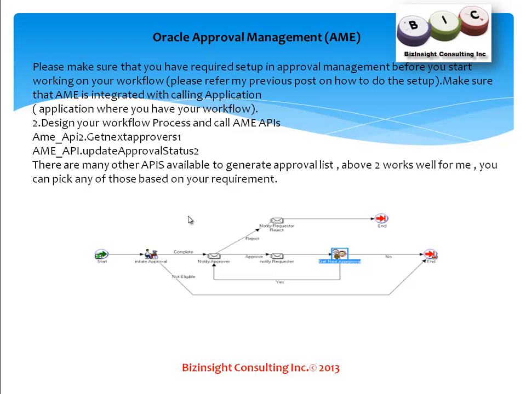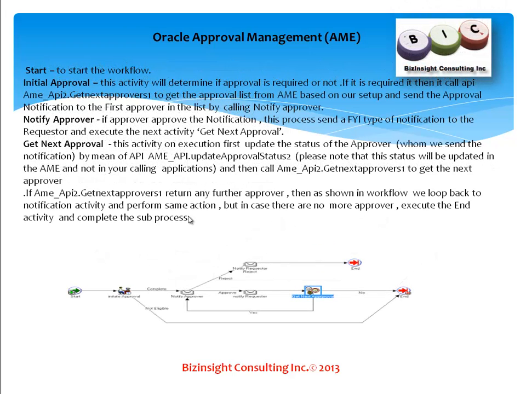If there is a next approval, I get a response yes, it gives me the next approval, and I tell the workflow the response is yes. It goes to the notification approval. If it says there is no more approval, then I go to no. I have listed this and explained how I'm calling these APIs and what their purpose is.